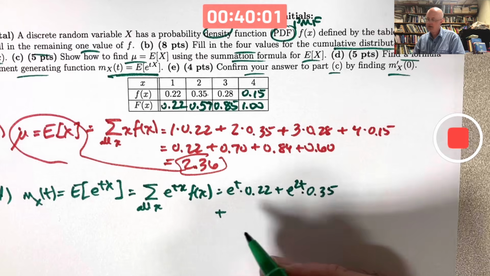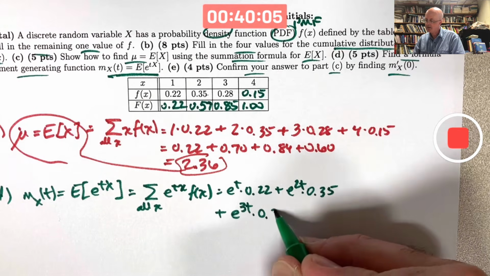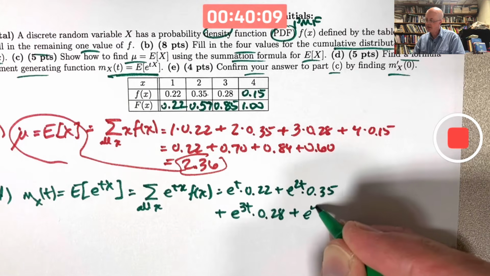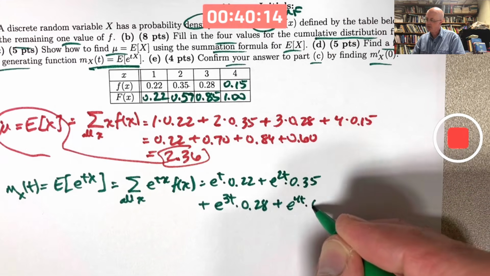Next value of x is 3, you get e to the 3t times 0.28. And the last value of x is 4, we get e to the 4t times the corresponding probability. Little f of 4 is 0.15.